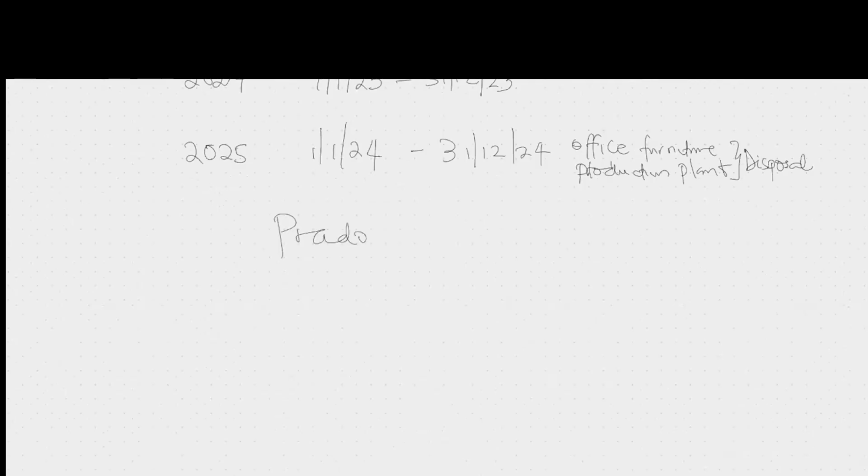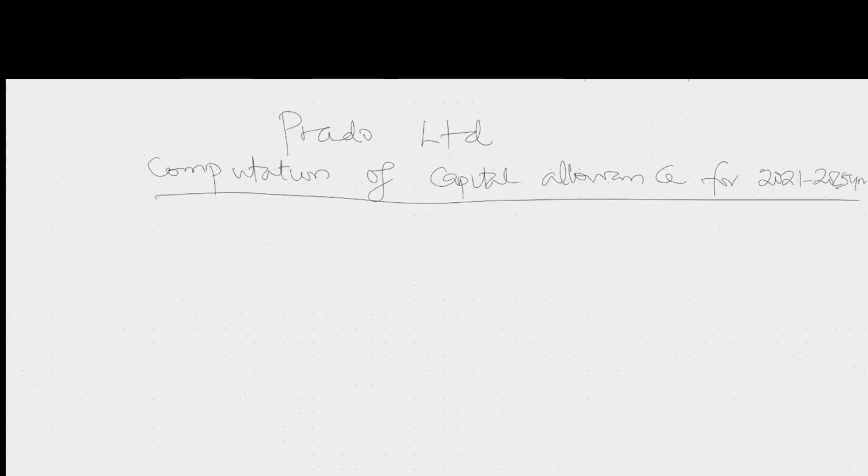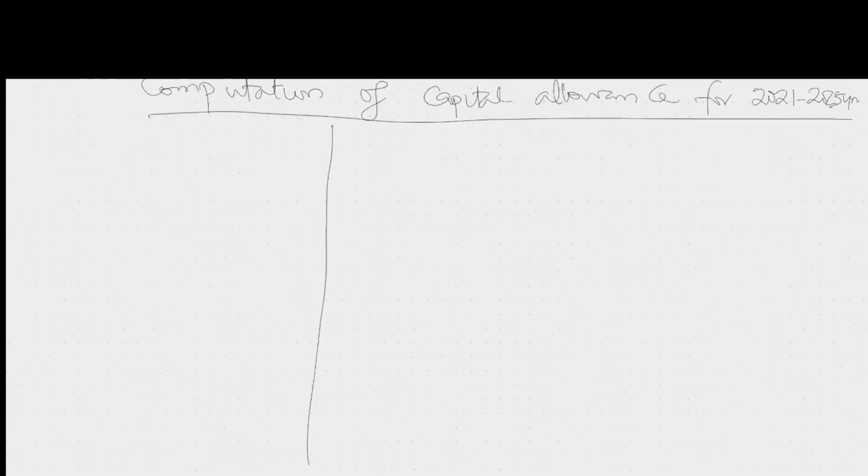So, computation of capital allowance for 2021 to 2025 years of assessment.